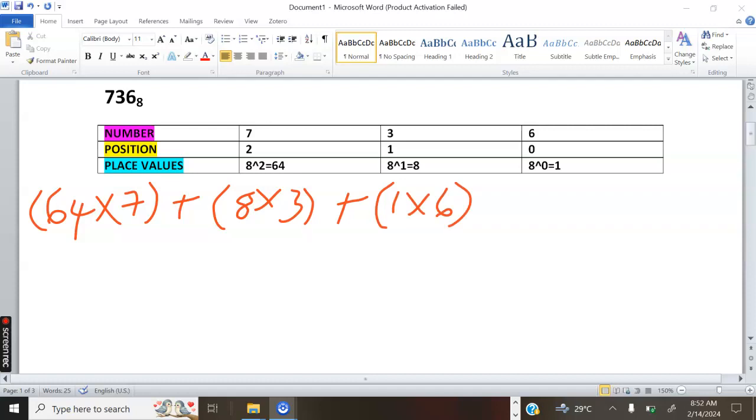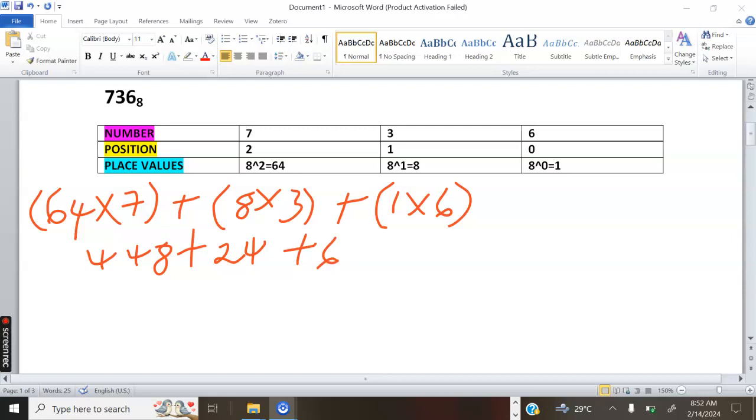So 7 multiplied by 64 should give us 448, plus 24, plus 6.